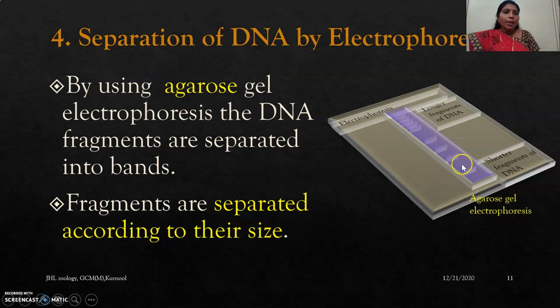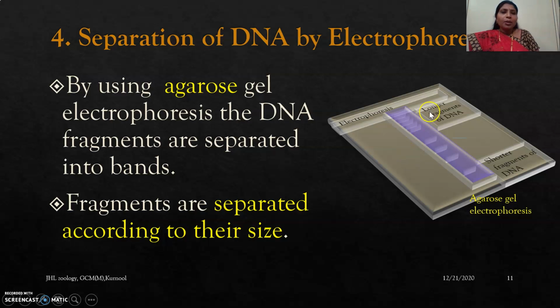The band pattern shows the shorter fragments towards the positive pole and the longer, large-sized fragments at the top. The band pattern is based upon their molecular size. The gel used here is agarose, which is not stable, it is fragile. So the band pattern present on this fragile agarose gel is to be transferred onto a stable membrane.